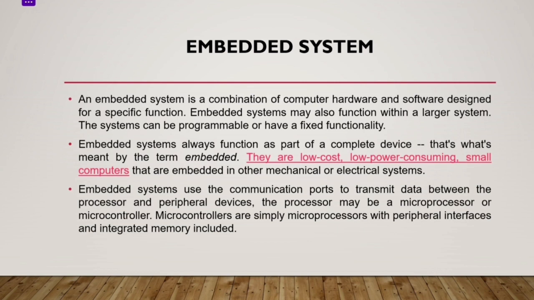Embedded systems can be introduced in mechanical or electrical systems. We use the embedded system in the communication port to transmit data between the processors and the peripheral device. The processor may be a microprocessor or microcontroller. Microcontrollers are simply microprocessors with peripheral interfaces.